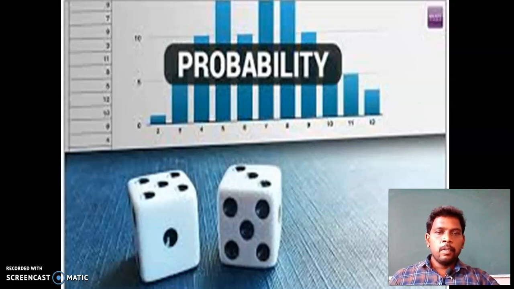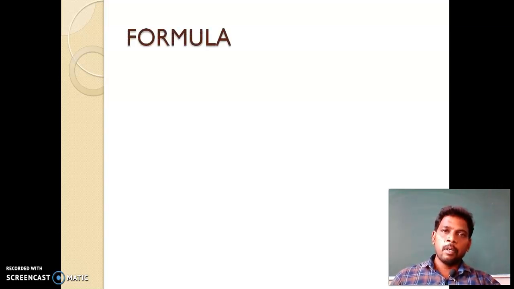Under probability, the events or experiments are unpredictable, that is, anything may happen. So the definition of probability is nothing but the chance of occurring or not occurring of an event. Events that are not predictable beforehand all come under the word probability.